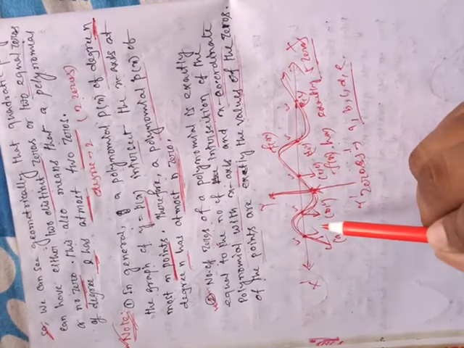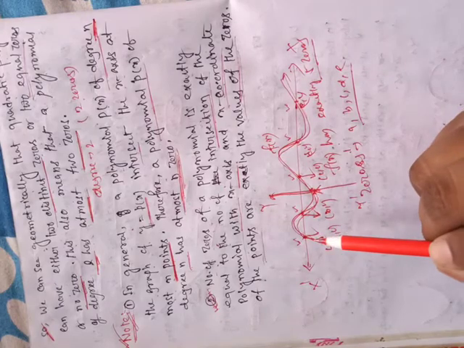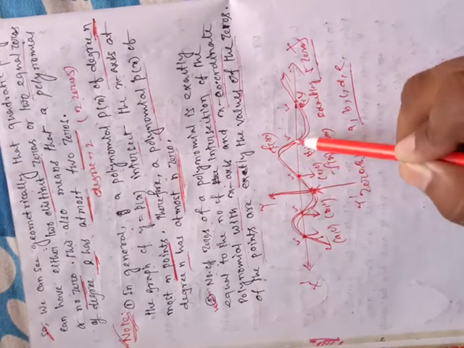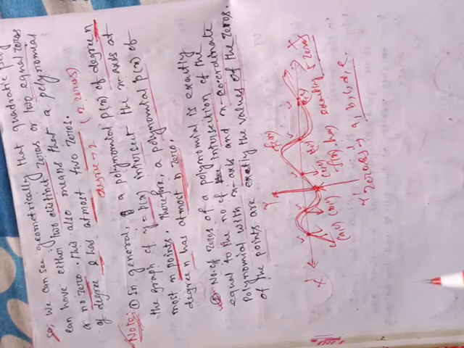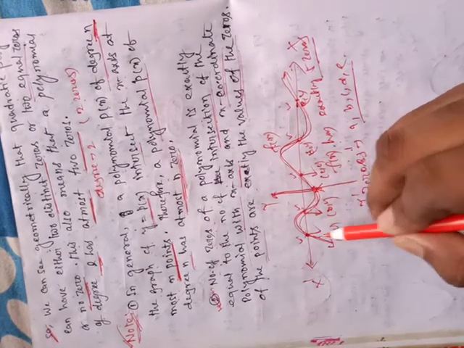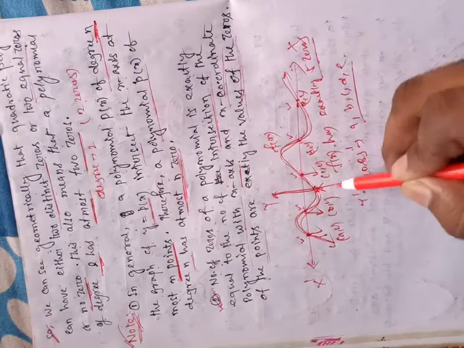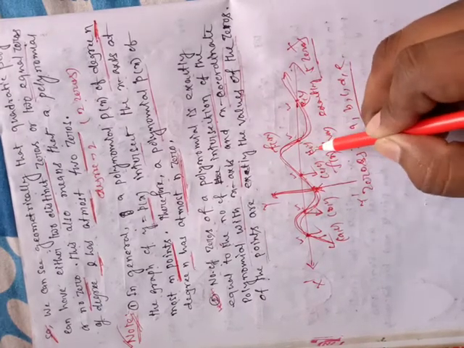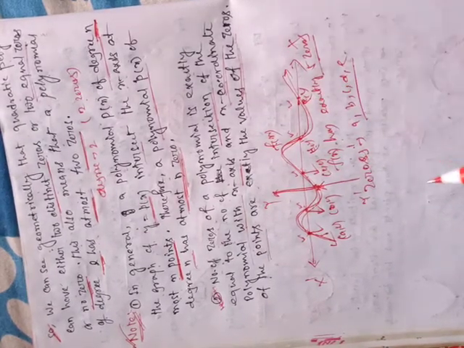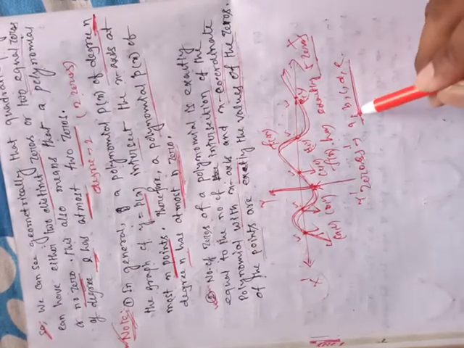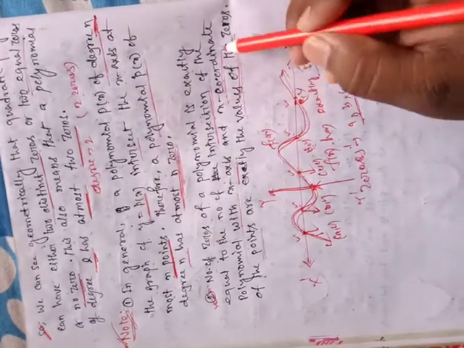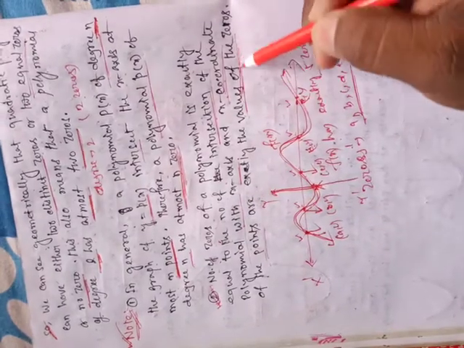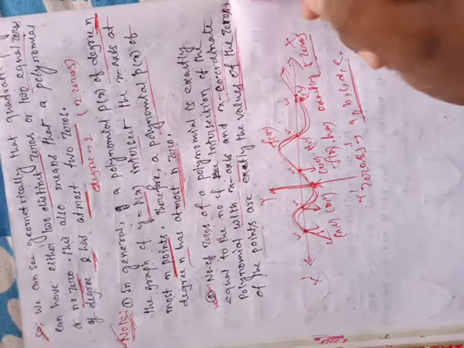So this polynomial has exactly 5 zeros. And what will be the exact zeros? If the coordinates of these points are (a, 0), (b, 0), (c, 0), (d, 0), (e, 0), then the zeros should be exactly a, b, c, d, e. So the x coordinates of the points are exactly the values of the zeros. Okay, understood?